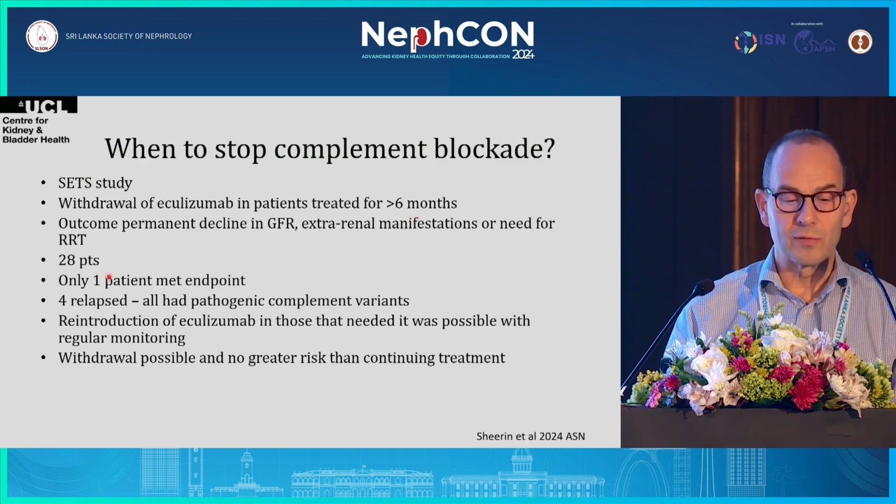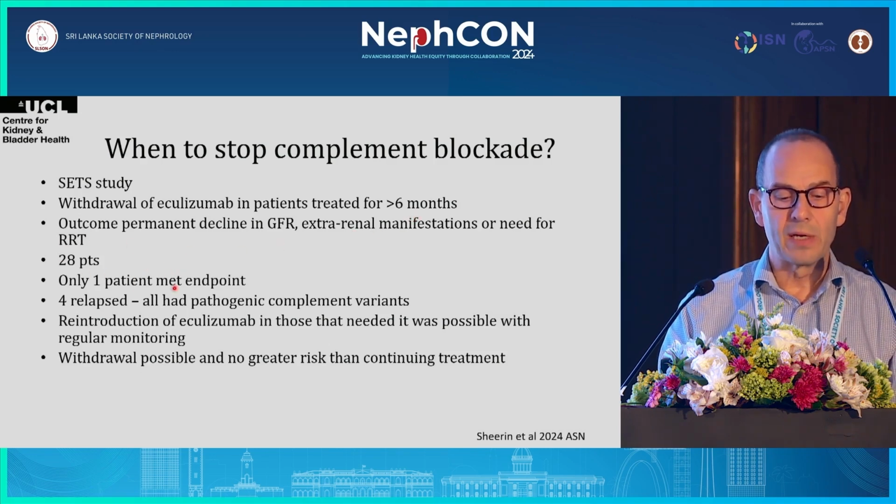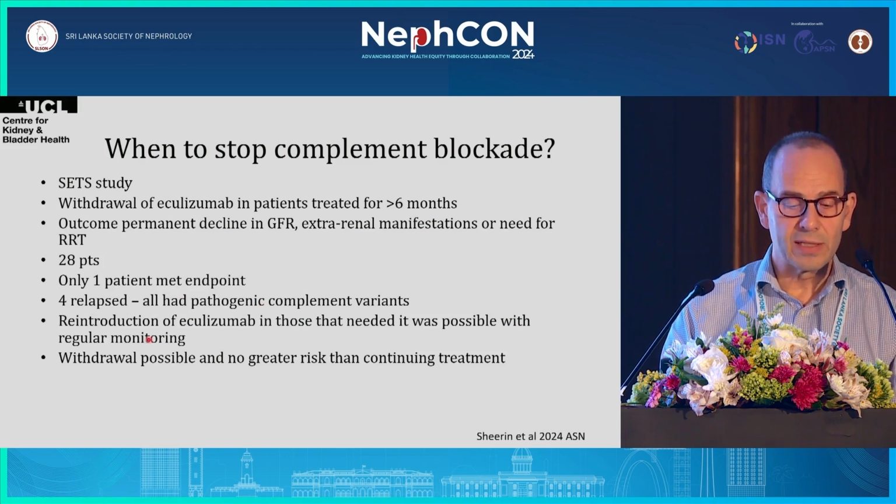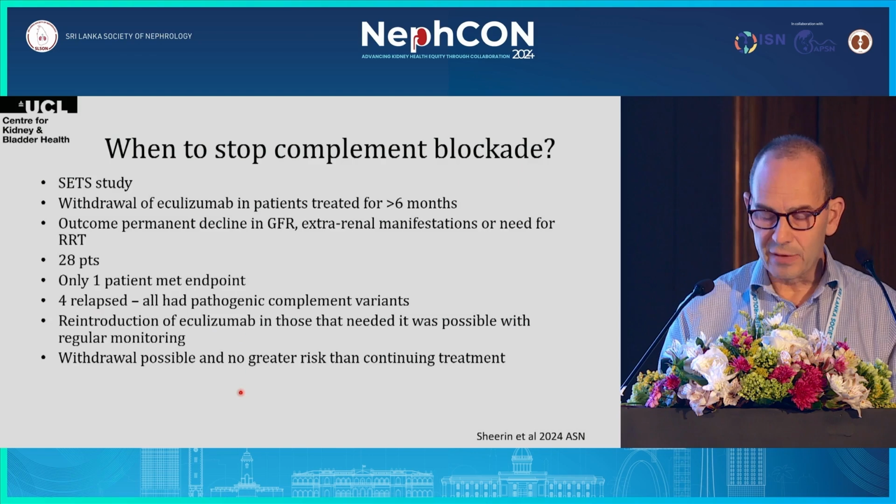In their cohort of 28 patients, only one person had a decline in their eGFR or developed extrarenal manifestations. Four of them relapsed. All of them had pathogenic complement variants. And if you monitor these patients carefully, you can reintroduce eculizumab without any undue harm.